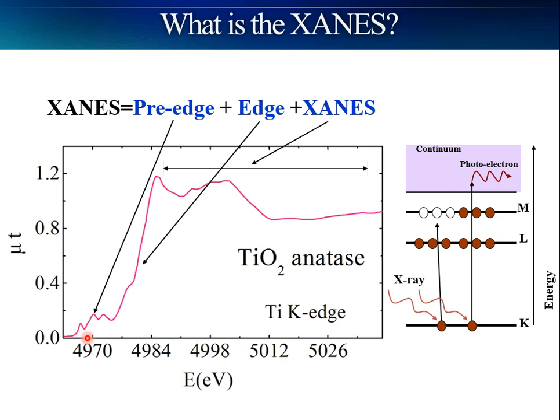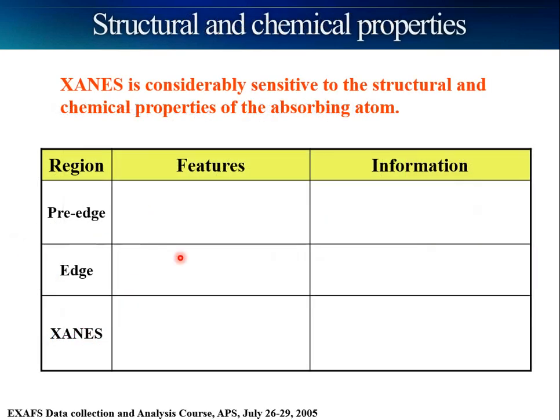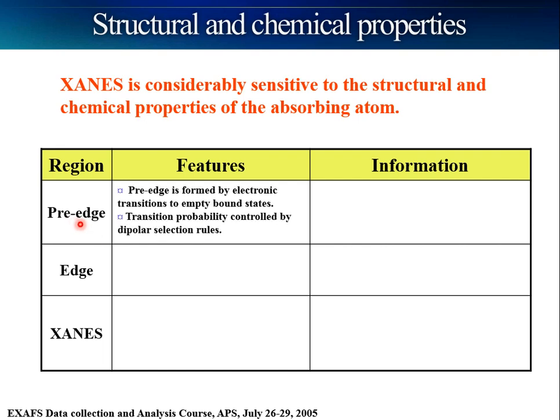The XANES is considerably sensitive to chemical and structural properties. So let me demonstrate the features and what we get from each part. Okay, first, the pre-edge is made by the electron transition to an empty bound state.